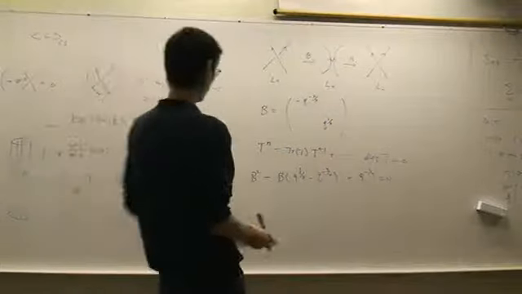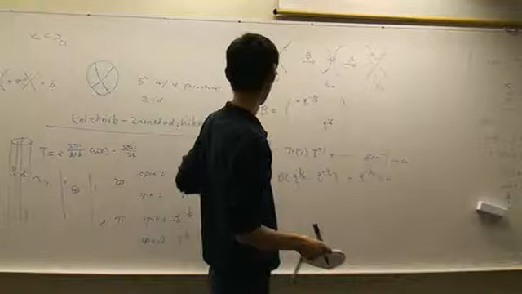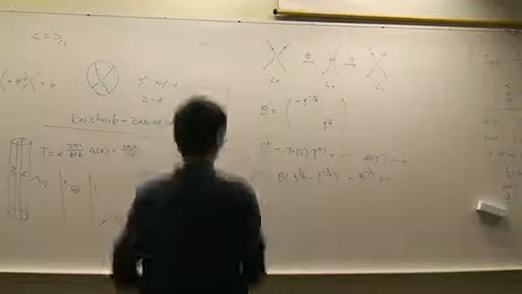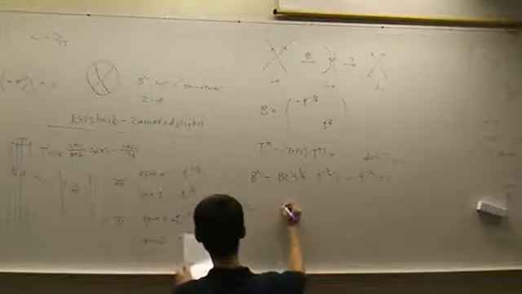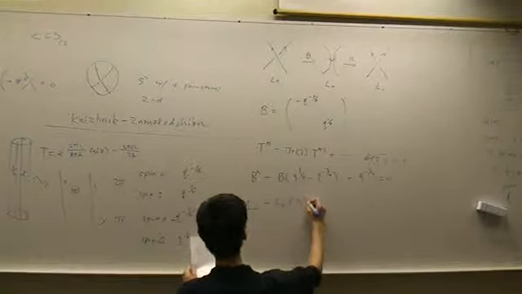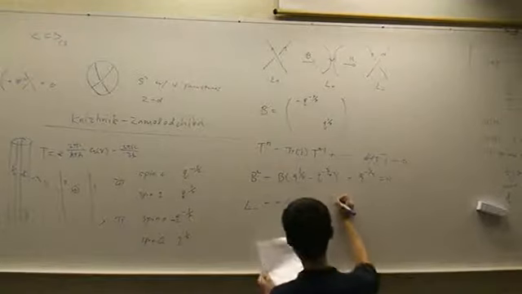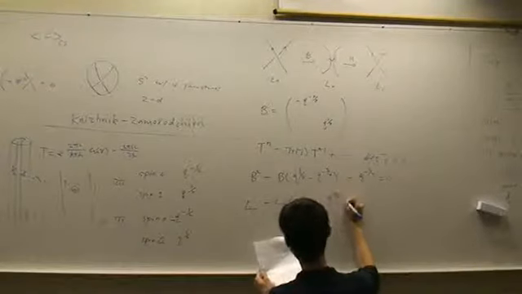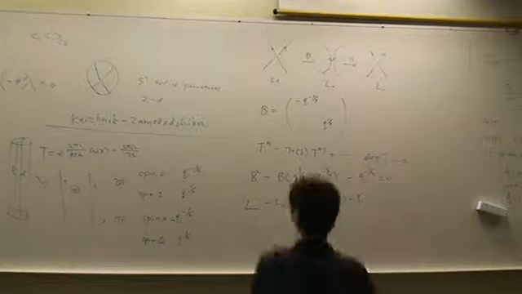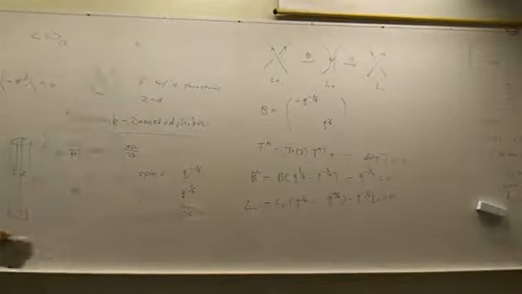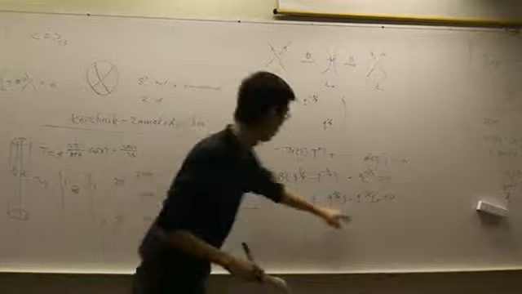Since applying B once I get this one, applying B twice I get that one, that tells me I get the following relation. And this is the relation that we're seeking here. So the three numbers are given by these numbers.